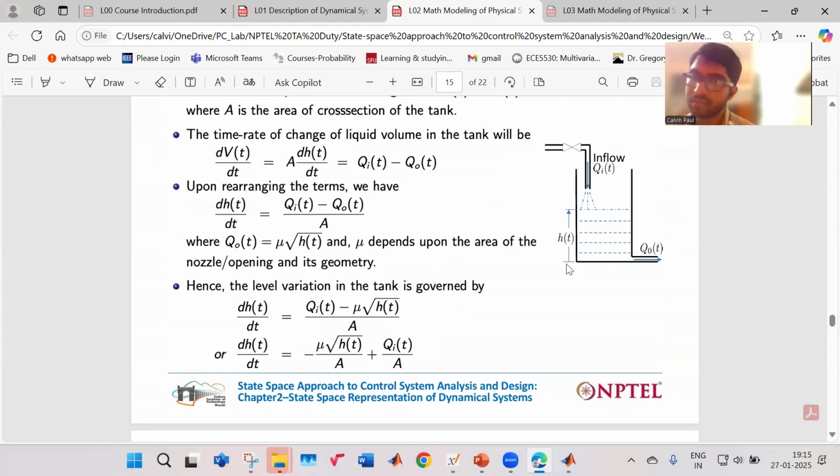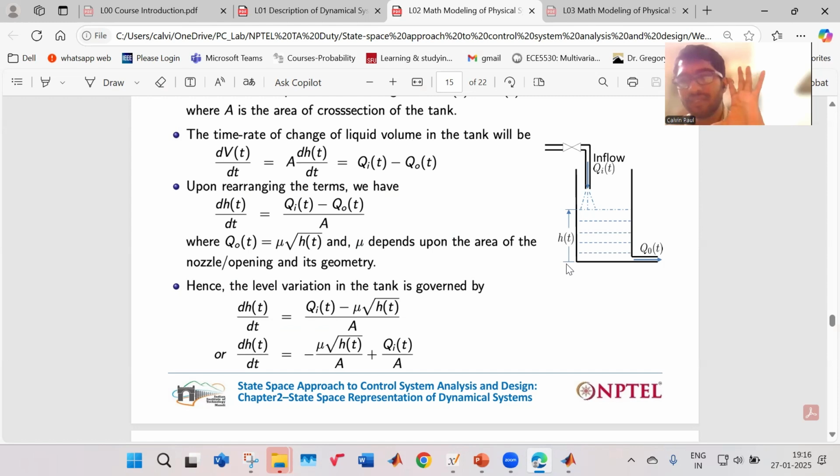So let us see, imagine the tank in your house. If there's no water flowing in and no water flowing out, no tap is open and the pump is not on, the level in the tank will remain the same. The height will remain the same because qi and q out are equal in that case.